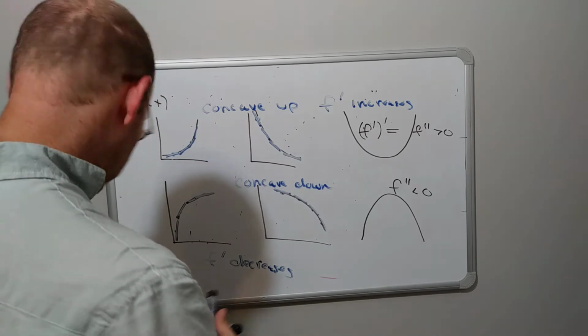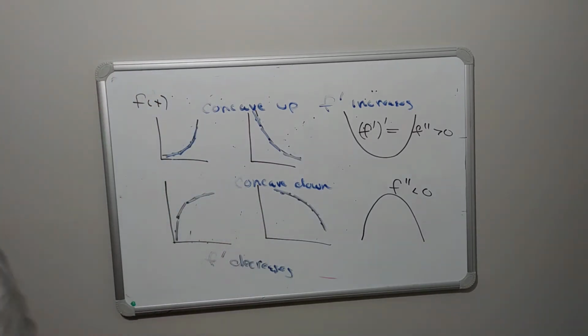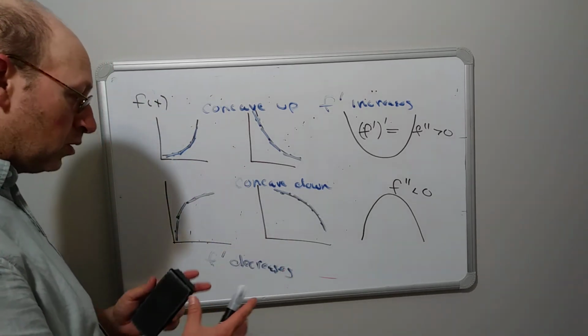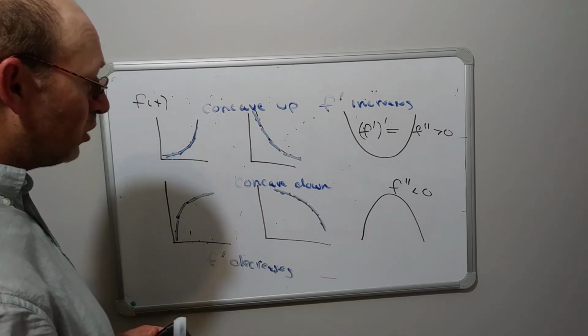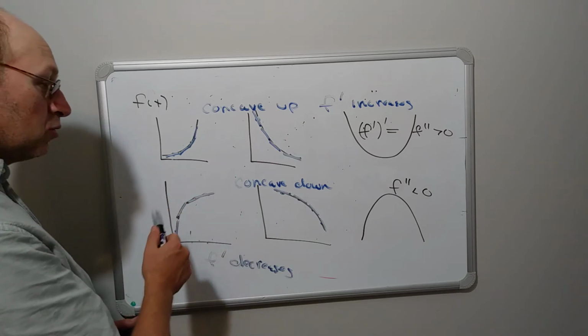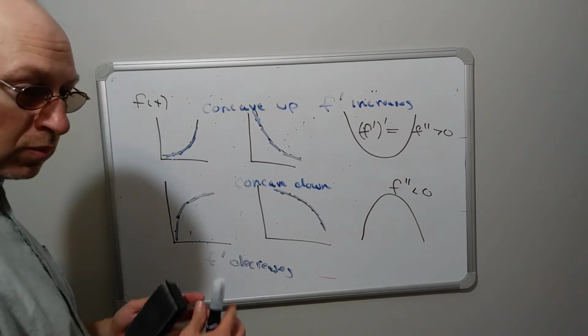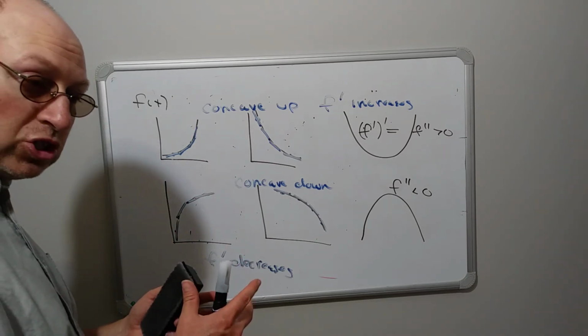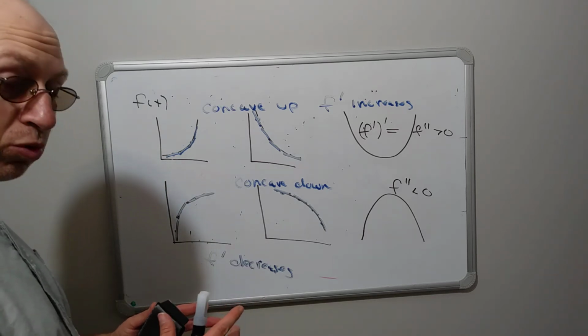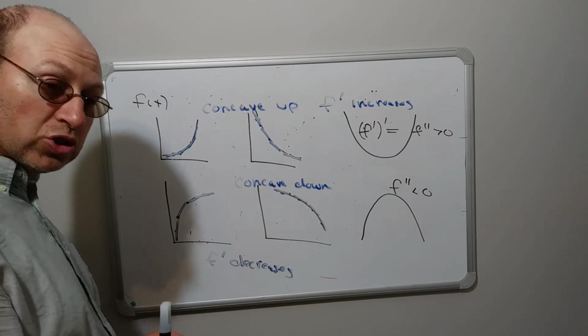Alright, so let's try an example. We'll go back to the example we had before, and we'll now figure out all sorts of interesting things about the graph. So we know about concavity. We know about when the function increases and decreases. There are a few other special points we'll see as we go through the example.